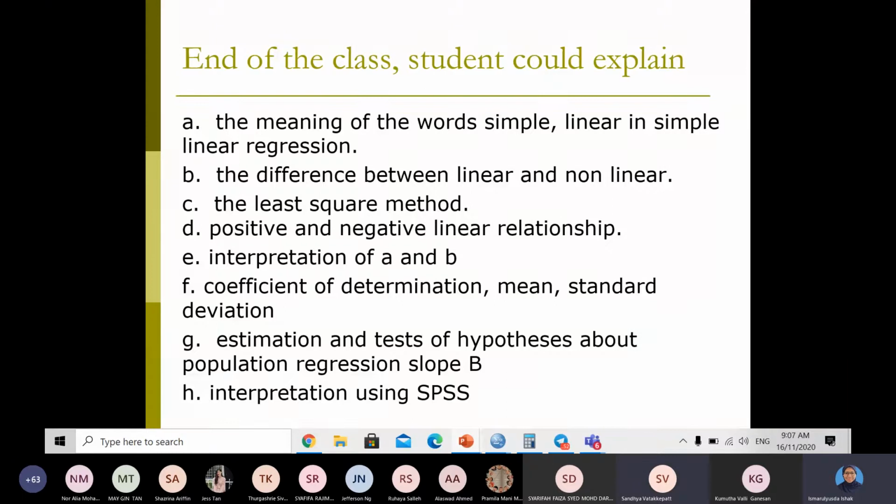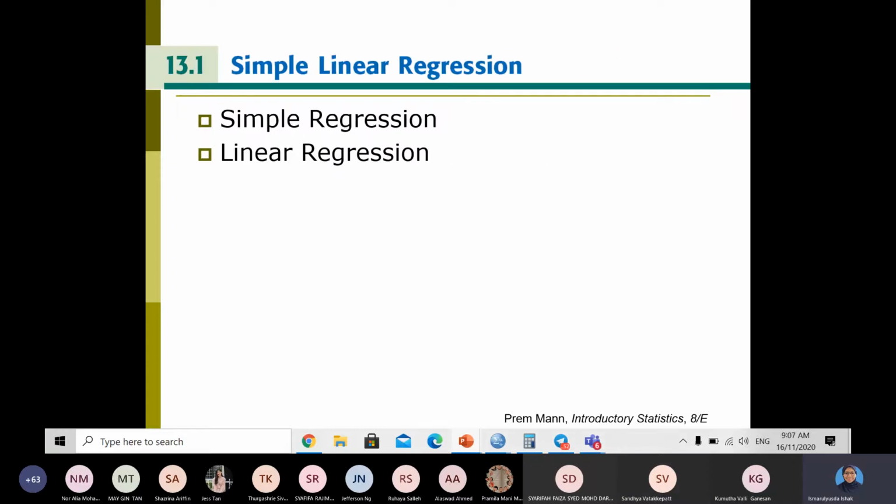The least square methods, positive and negative linear relationship, interpretation of A and B, what is the meaning of coefficient of determination, and the hypothesis about this test and interpretation by using SPSS. So simple linear regression, we start from simple regression and linear regression.